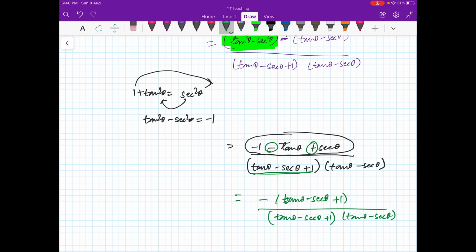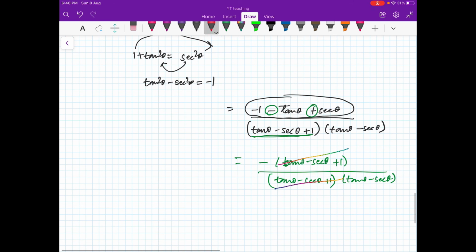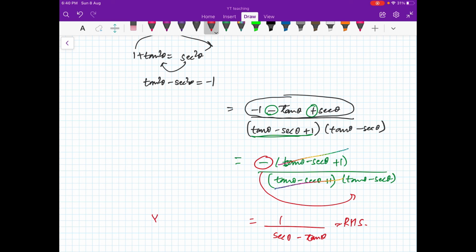Now you see this here and this cancel because they are the same terms, and you can use this minus here, so it becomes secant theta minus tan theta, which is the right hand side, right? So hence proved. So you see in this whole proof, we used the identity 1 plus tan square theta is equal to secant square theta.